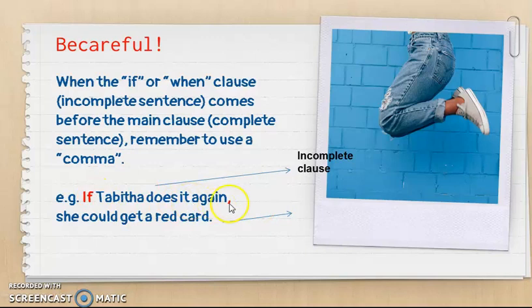If Tabitha does it again is called an incomplete clause, whereas she could get a red card is the main clause, or complete clause. If the if clause or when clause is placed in front of the main clause, a comma follows the clause. But if your main clause is placed in front, you do not need to put a comma here.